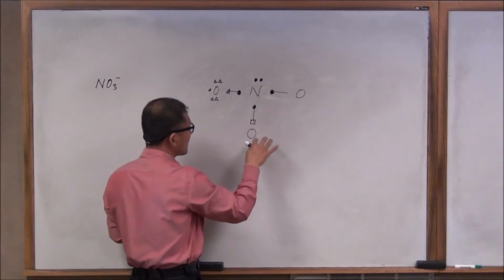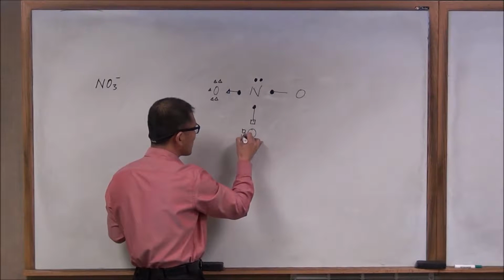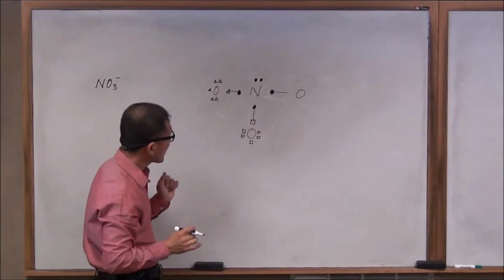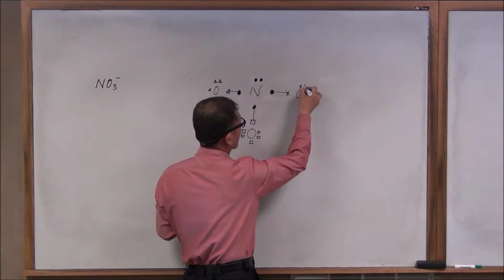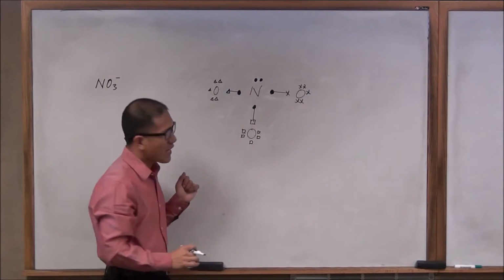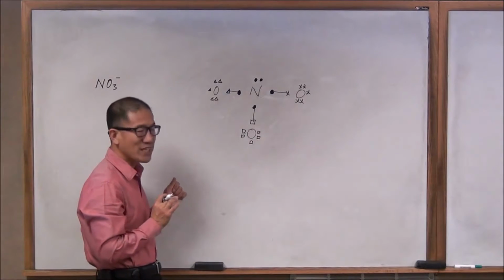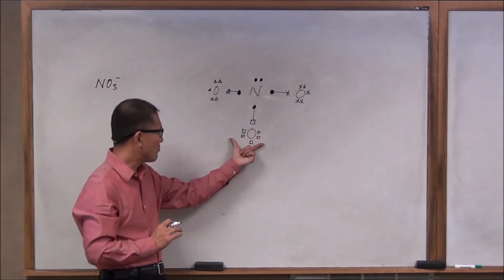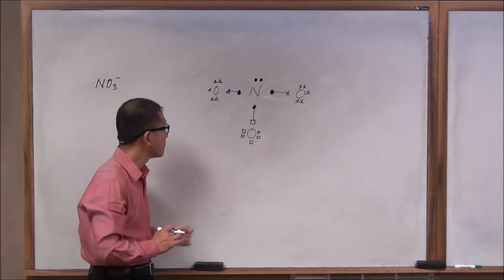We put 1 between oxygen and its neighbor, and 5 on the other sides. Then for this oxygen, we do the same thing. As you can see, I use different symbols to represent the electrons from each atom. This way, I can make the calculation of formal charge very, very easy.